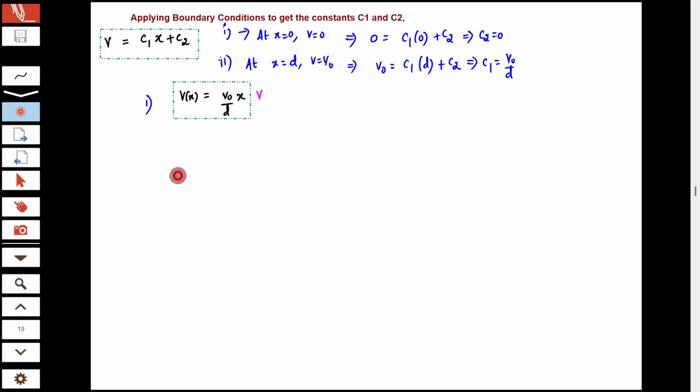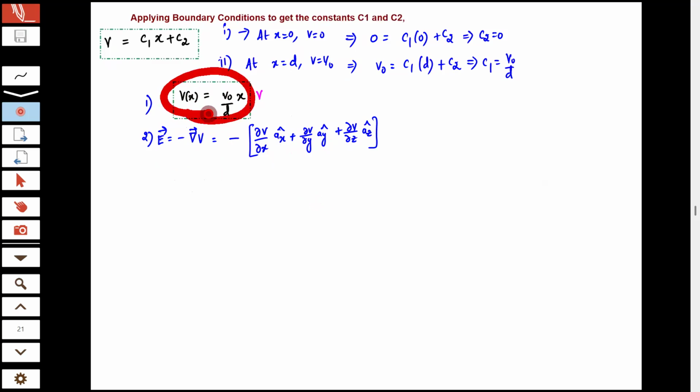We have got the solution of the potential function from the Laplace equation, taking the two boundary conditions for the parallel plate capacitor. Next, we can estimate the electric field intensity in the region between the two plates, which can be estimated as the negative gradient of potential. We write the gradient formula in the rectangular system, and perform differentiation of this V function with respect to x, y, and z to get the electric field intensity in vector form.